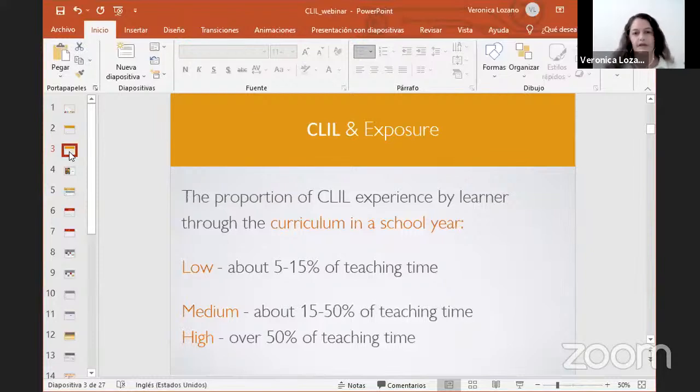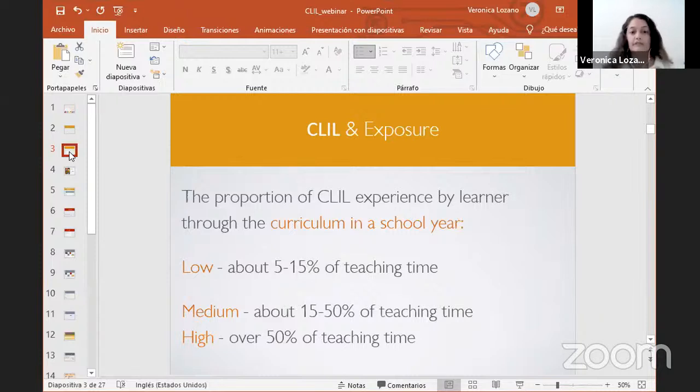For example, if you're teaching content 5 to 15% of your time, let's say you do one science page a week, that would be low exposure to content.